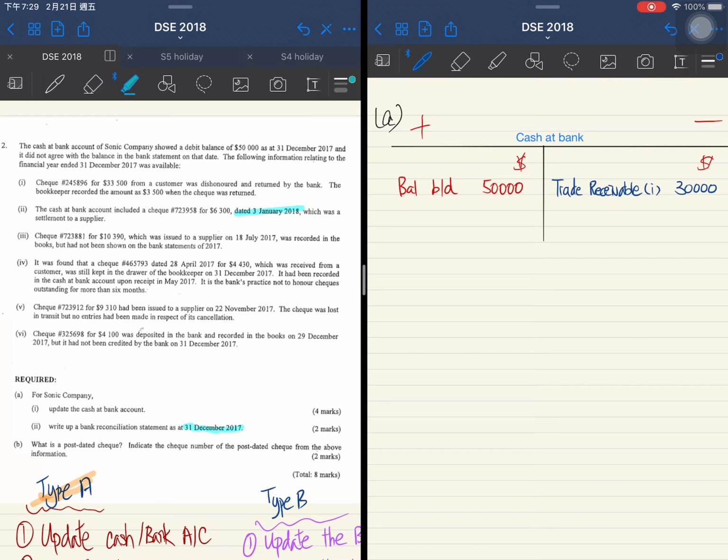So it is a post-dated check, and a post-dated check cannot be processed. We wanted to pay 6,300 to our supplier. However, this is a post-dated check, so the check cannot be processed. Therefore, we have to write down 6,300 on the debit side to record an increase of trade payable.